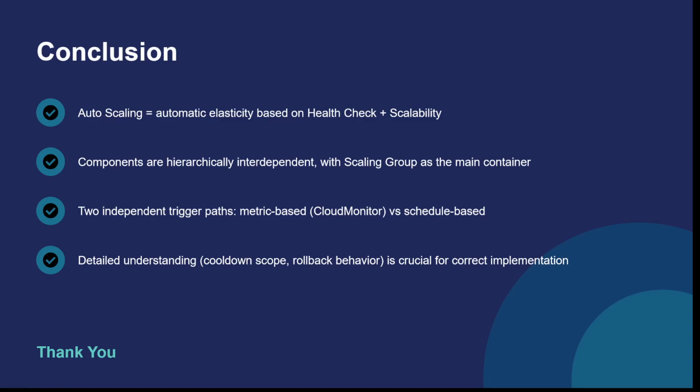Okay, the final one is the conclusion, the final slide. To wrap up, autoscaling combines health check and scalability to deliver automatic elasticity. Its components are hierarchically dependent, with the scaling group as the main container.